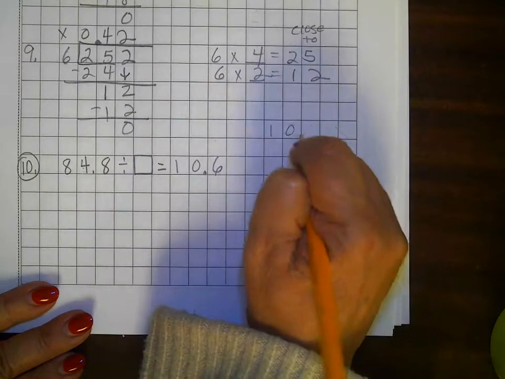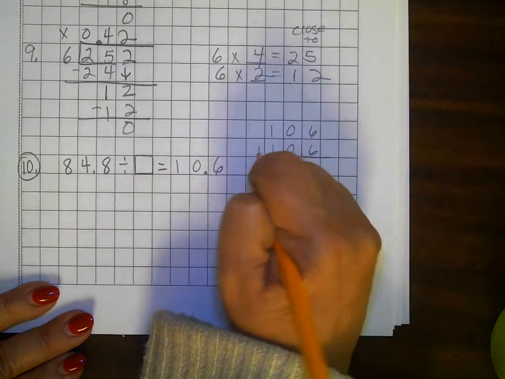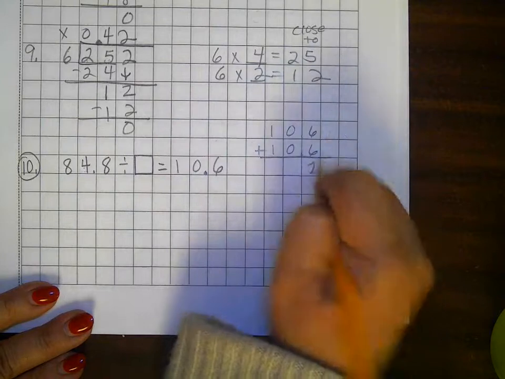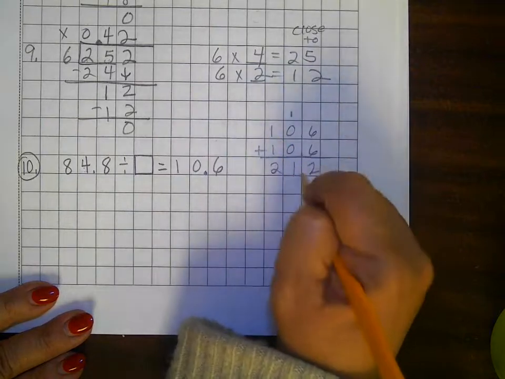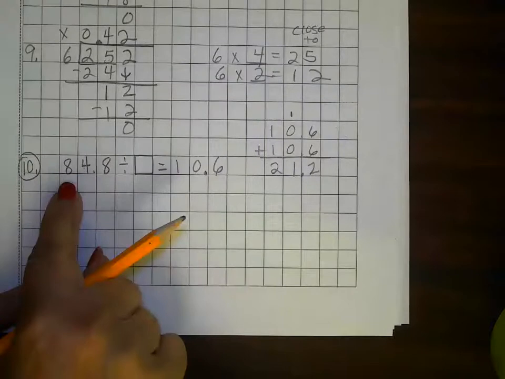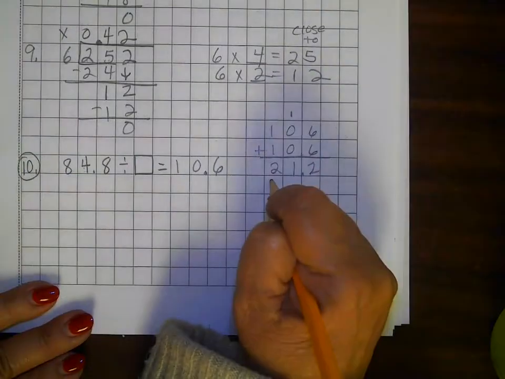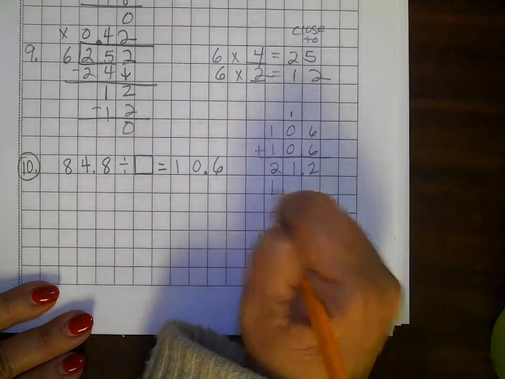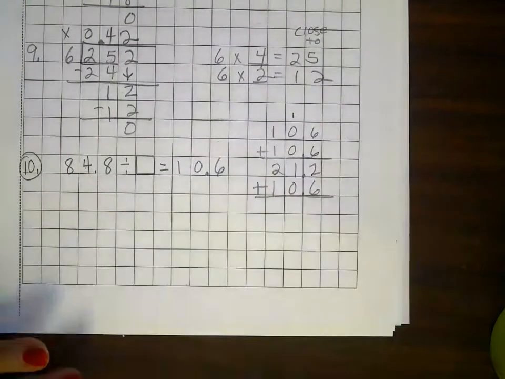I'm going to have 10 6/10 plus 10 6/10. That's already 2, so that's 12.1, and bring down my decimal. Still not quite there yet, right? So I'm going to add another 10 6/10 because it's repeated addition.